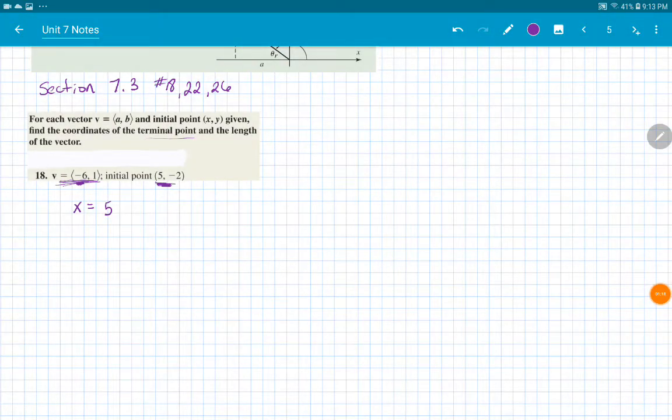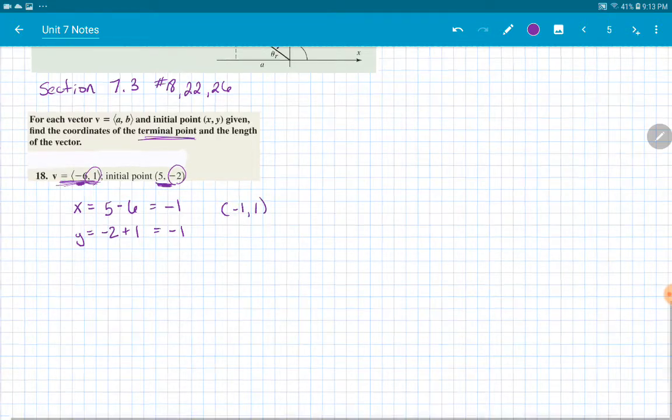So 5 minus 6 gives me a final x position of -1. And the y starts at -2, and then it goes +1, so that's up 1. So it lands at -1 also. So the terminal point would be at -1, -1.